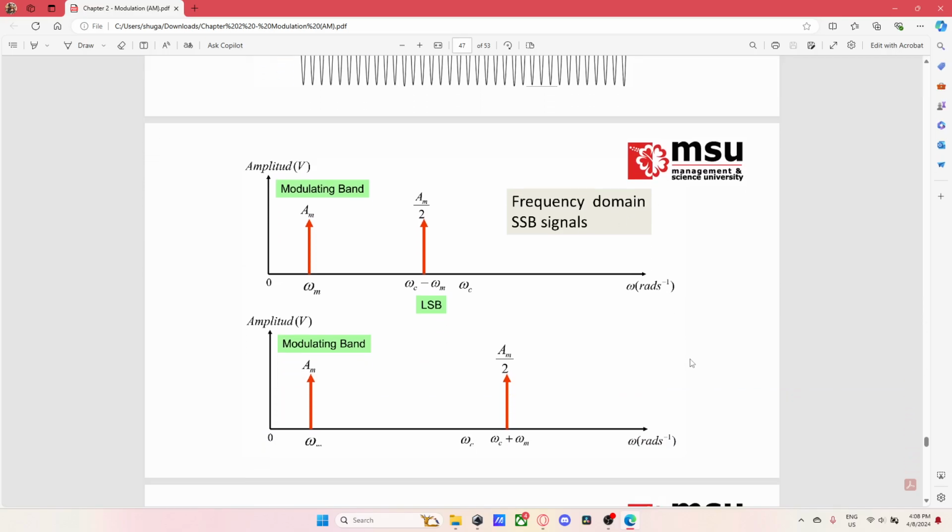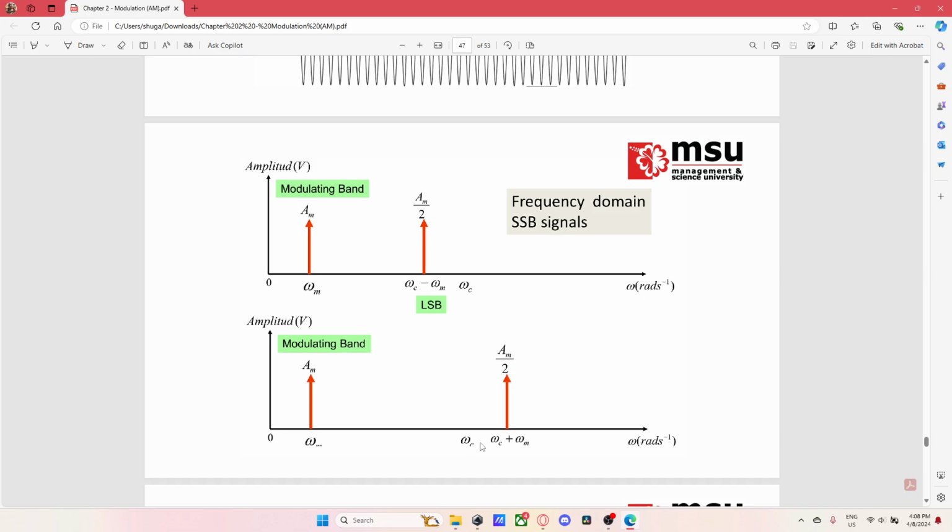Okay, this is the frequency domain for single sidebands, where, as you can see, this is the omega m over here. Both are the same for the modulating band, but the upper sideband is further from omega m.